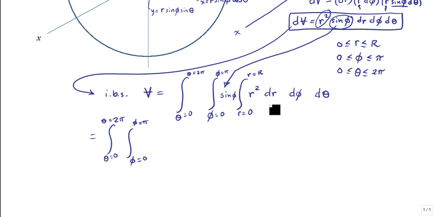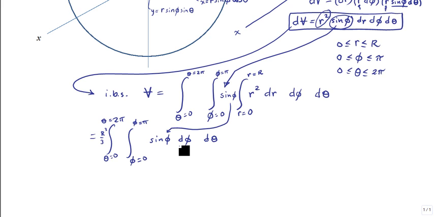The integral of r squared dr is r cubed over 3, and by inspection only the cap R term survives, since the bottom limit is 0. So it's a third that I'll bring out, R cubed. Now we have the sine of phi to integrate, and then we will finish up with the d theta.